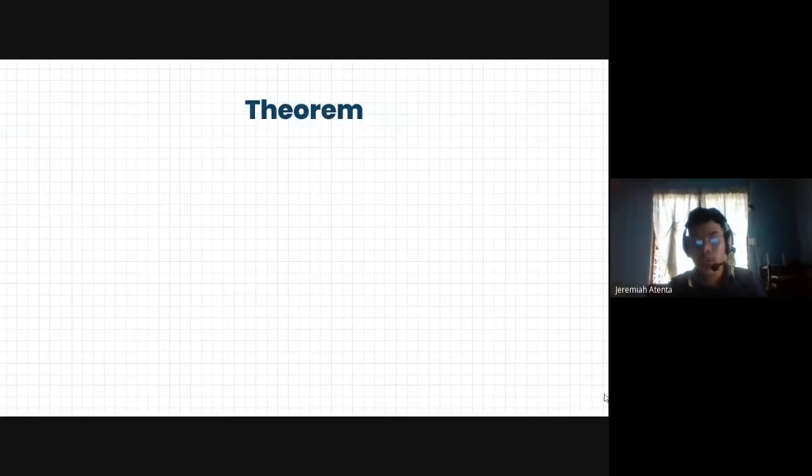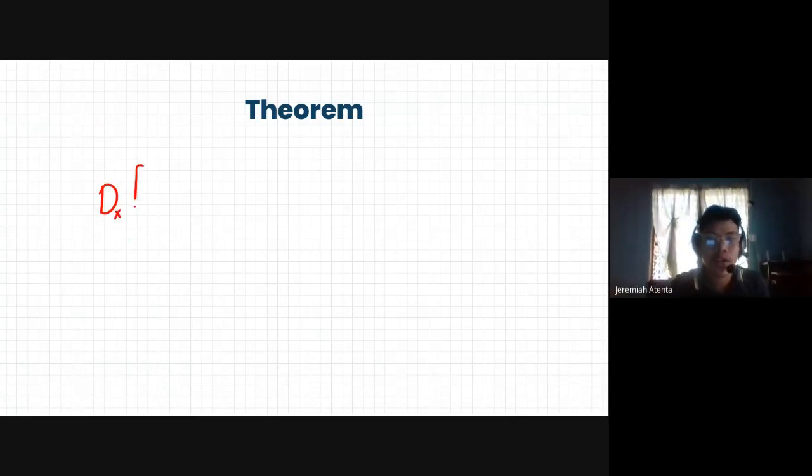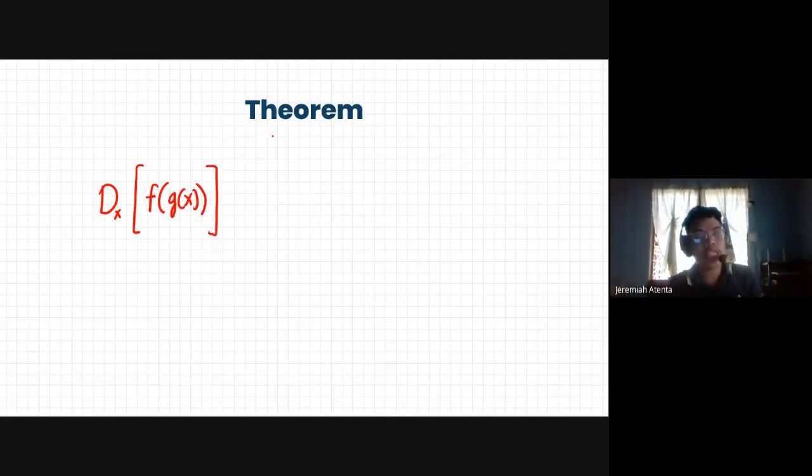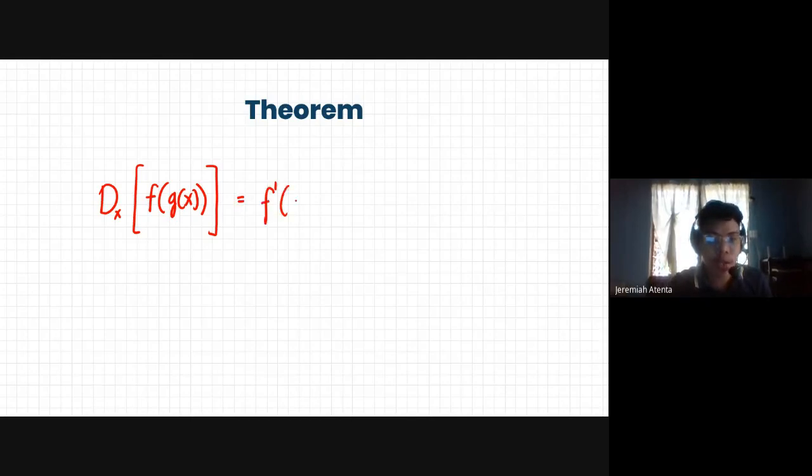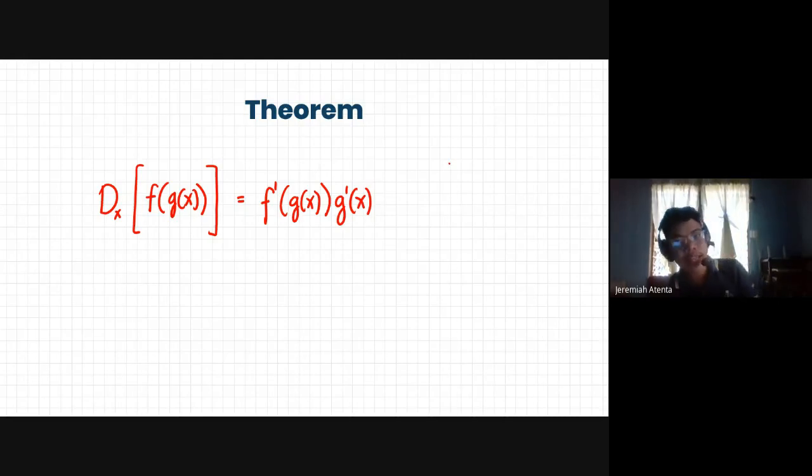So ganito yung itsura niya: the derivative of f of g of x, because chain rule is the derivative of composite functions, right? This is just equal to f prime of g of x, right? Times g prime of x, right? So this is the chain rule.